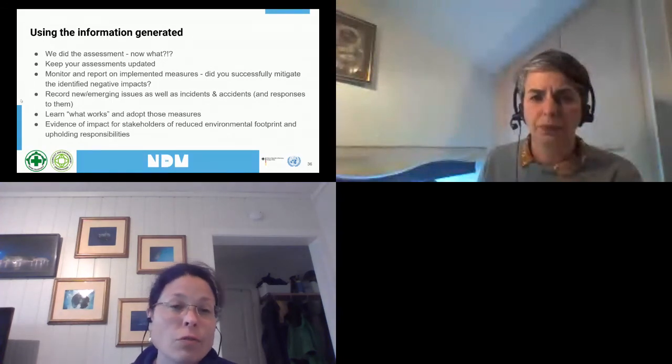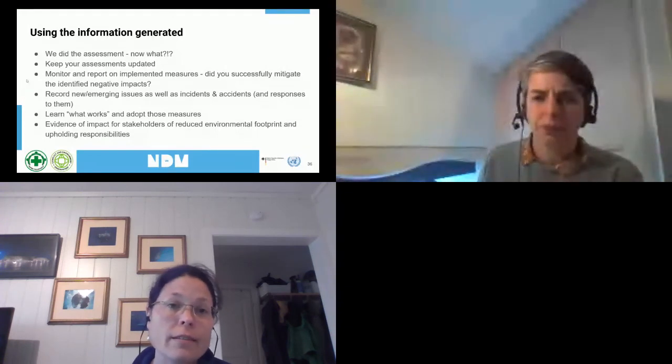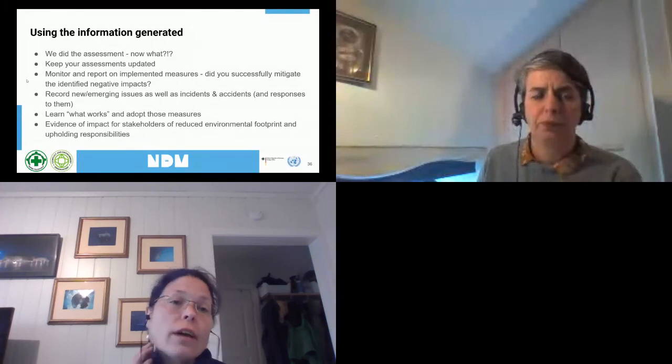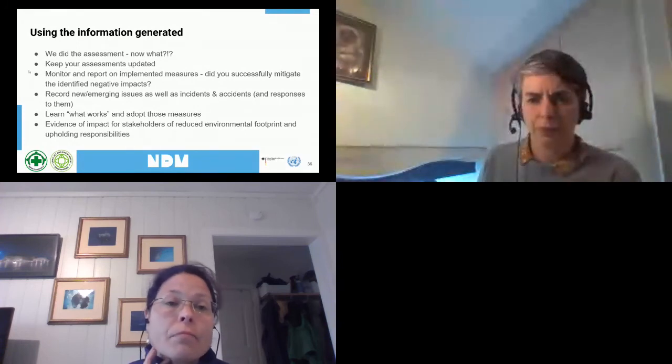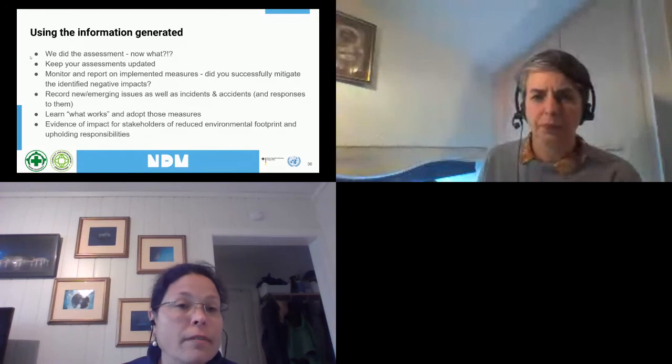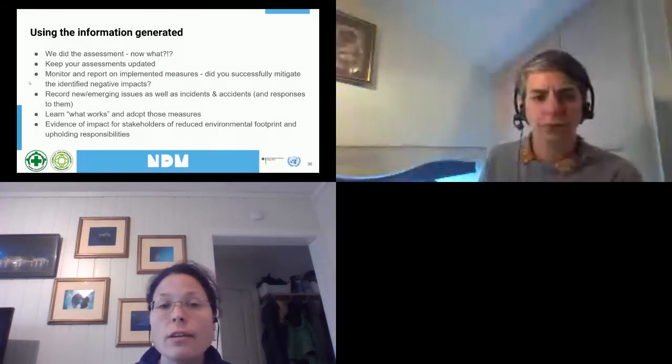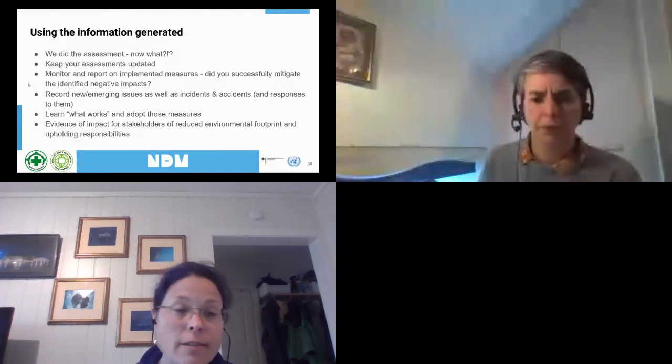It's also useful to record new and emerging issues, as well as incidents and accidents that are environmental in nature and the responses to them. From this data, we can learn, quote unquote, what works and try to adopt those measures across other sites.